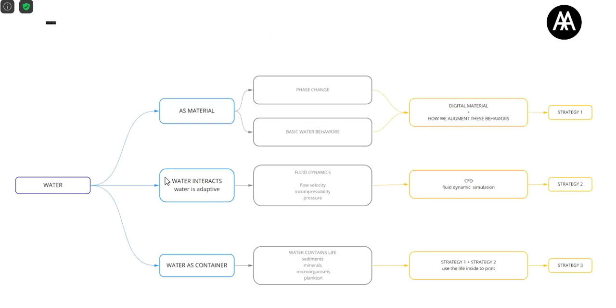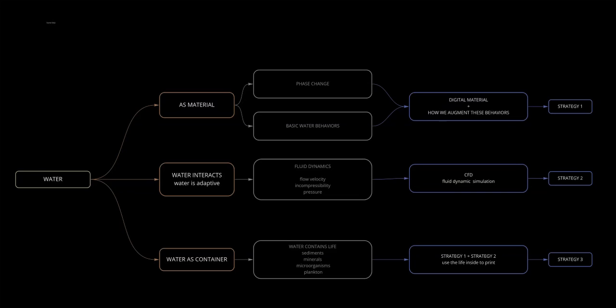We had some general thoughts about the strategies in our simulation. So we could see water as a material, studying phase change and basic water behaviors, and how we can augment this digital material. This could be strategy 1. Strategy 2 is fluid dynamics, so how water interacts with the environment, which would be equal to a fluid dynamic simulation.